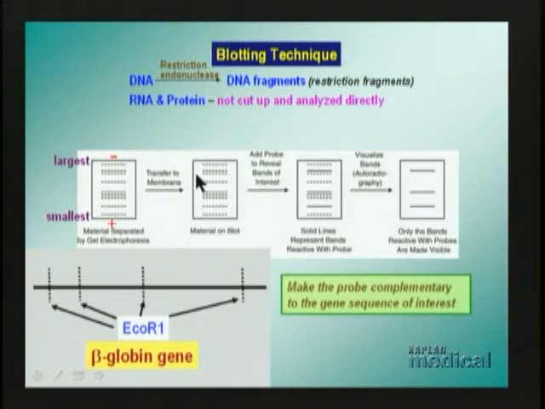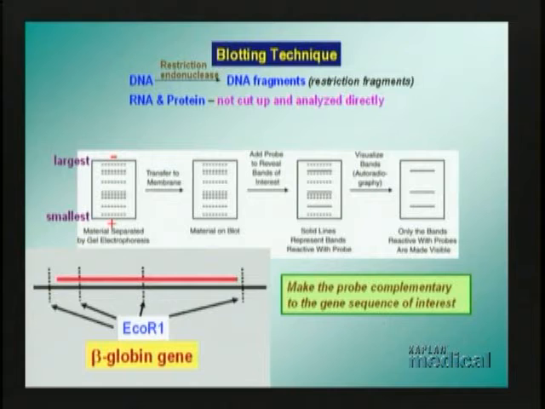Well, what's done is to make a probe, a DNA probe, that's complementary to the gene of interest. What's the gene of interest here? It's the beta-globin gene. So we know what the sequence of the beta-globin gene is, and we can make a probe that's complementary to the beta-globin gene. I'm going to illustrate the probe as shown here by the red horizontal line.